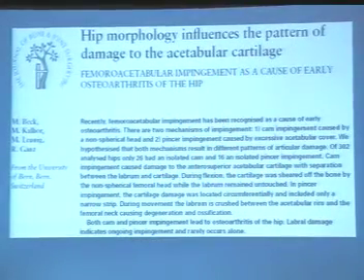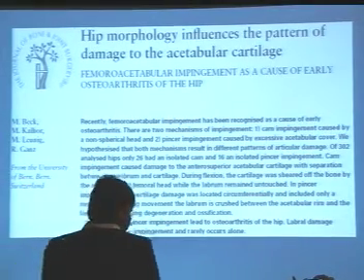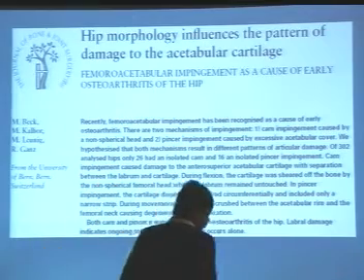The most important of these problems was highlighted by Ganz, who suggested that femoroacetabular impingement is the cause of early osteoarthritis in the hip joint, and it is commonly present in young individuals who are of sporting age group.